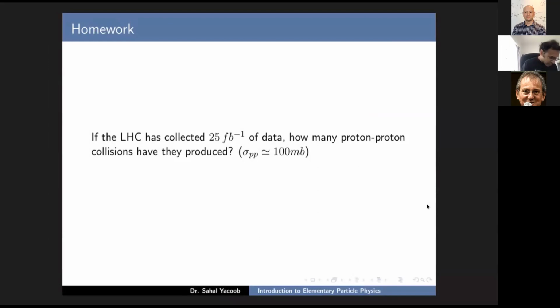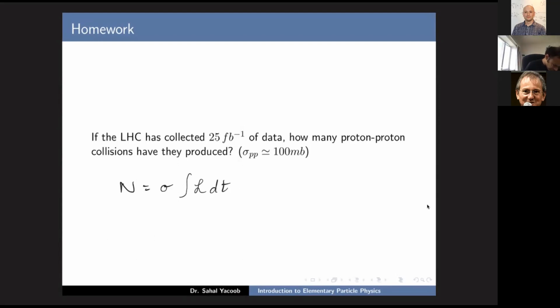The homework was: if the Large Hadron Collider collected 25 inverse femtobarns of data, how many proton-proton collisions have they produced? We should hopefully remember that the total number of collisions is going to be the cross-section times the integral of the instantaneous luminosity with respect to time.